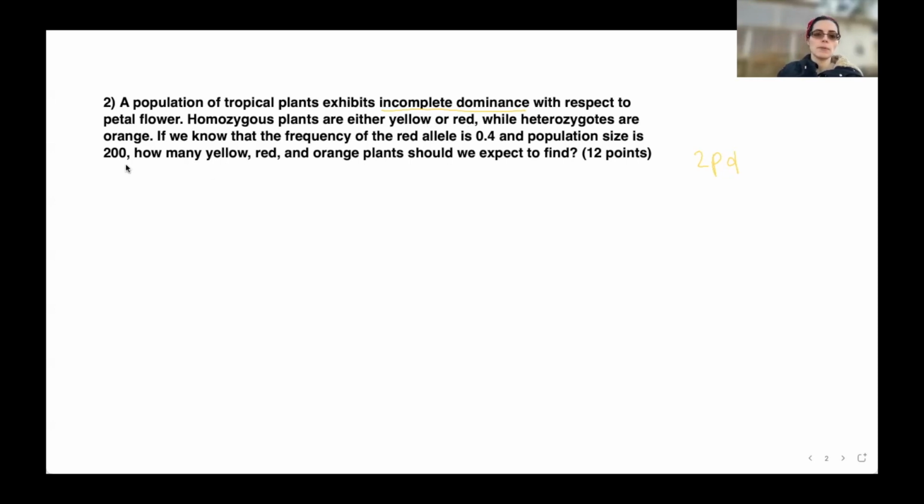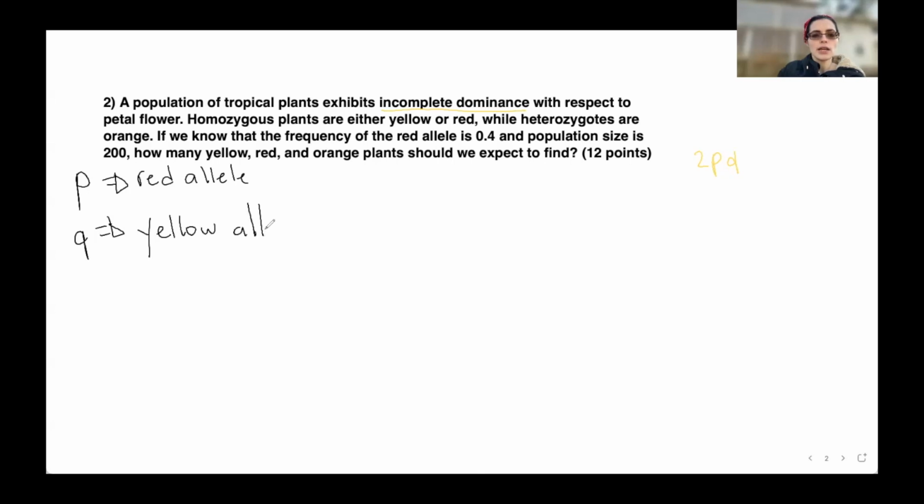So you just assign one to p and the other to q, but make sure you stick to whatever you assign it to. You cannot switch it in the middle. So I'm choosing that p is going to be the frequency of the red allele, and q is going to be the frequency of the yellow allele.